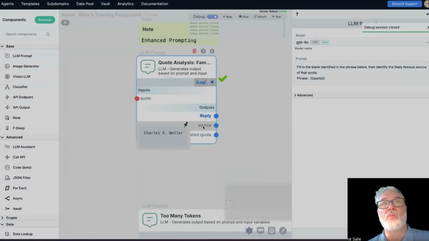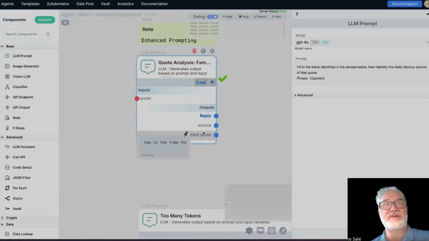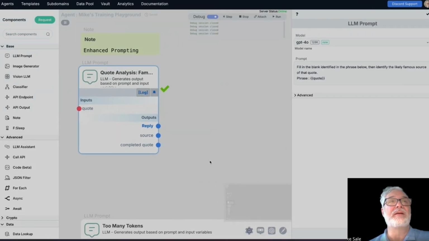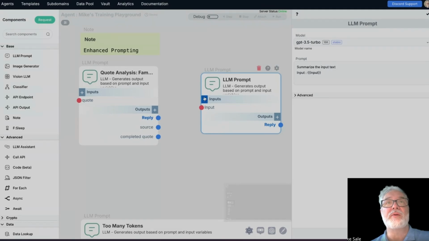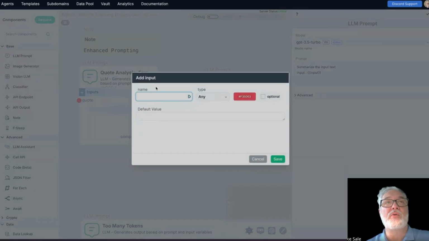And once again, we have this, but now it's actually identified the source not as typing, but actually as Charles E. Weller, which is an interesting thing. So let's say we want to find out a little bit more about the source as part of our process here. So what we're going to need to do is go ahead and add our input here.